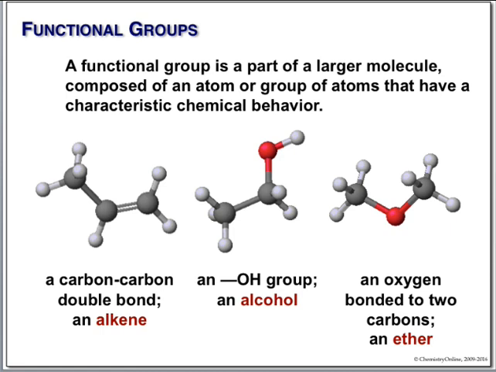Now there are lots and lots and lots of functional groups. And like I said, the neat thing about functional group chemistry is that regardless of the structure of, say, your alkene, the reactions are all going to be pretty much the same. So if you understand the generic reaction, then you can take any molecule you have, any alkene, and predict the products.